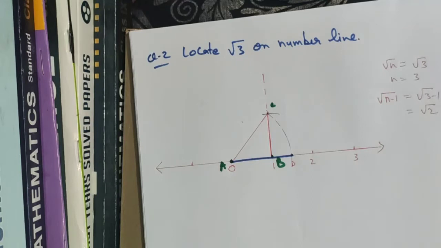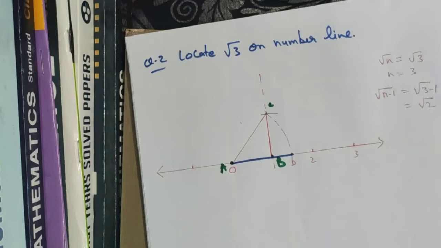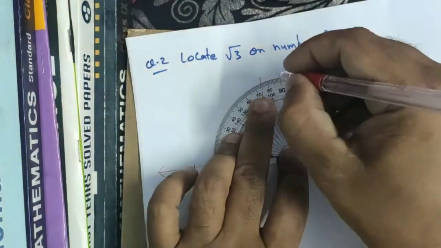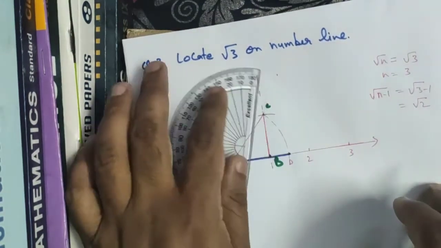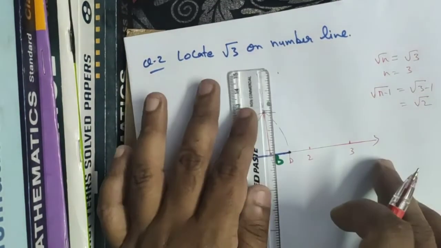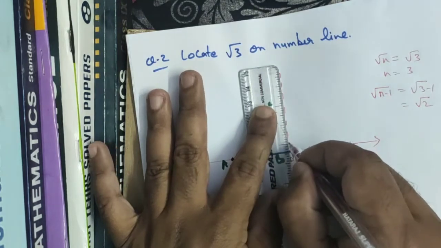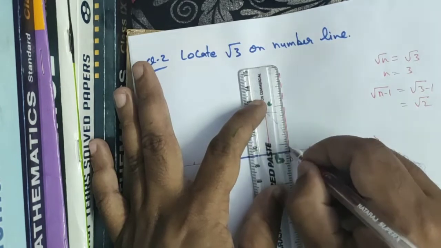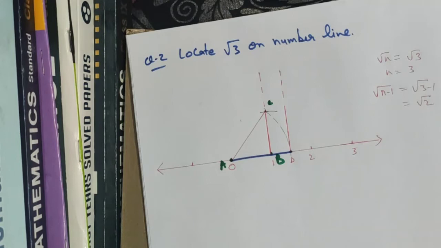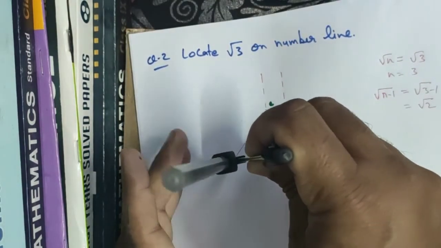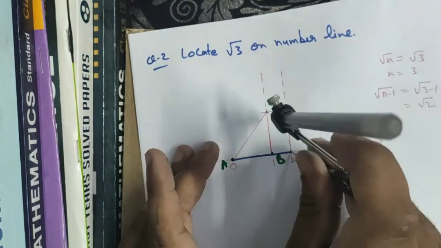Perpendicular of 1 unit again we have to draw from point D. So using compass, we will draw a perpendicular at point D. Again we have to take 1 unit from D. So we will take the distance equal to again 1 unit and we will put the compass at D, draw an arc.